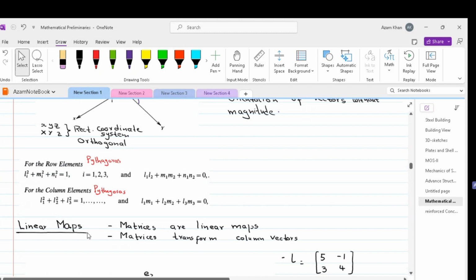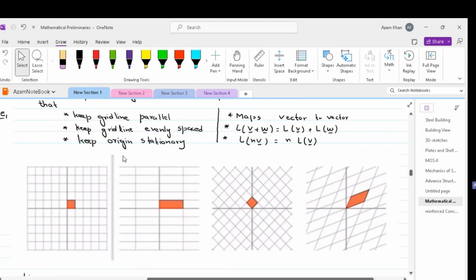We can also have nonlinear maps, but in structural mechanics, most of the time we deal with linear maps. The analogy with structural mechanics would be that initially, before application of any load, a particular element might be in the position shown over here. After the application of the load, we might have either extension, orientation change, or both.